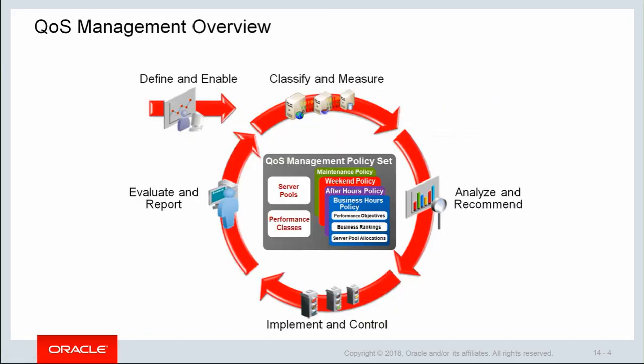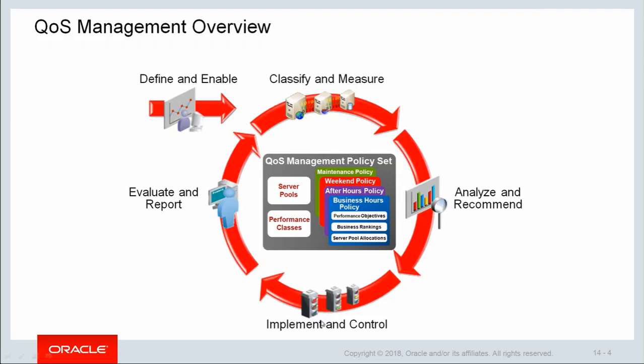Okay, so here we have the overview. To use this feature, you will have to define and enable Quality of Service, your workload must be classified, and your service level performance must be measured. Then, based on your plan, Quality of Service analyzes current service performance, and when needed, it can make a recommendation.